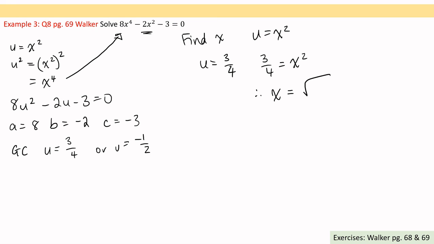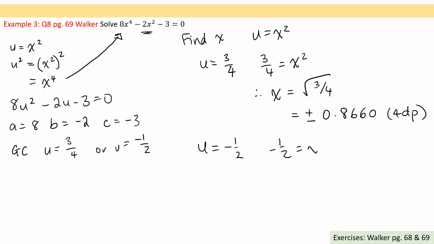Therefore, x is the square root of 3/4, and that will be plus and minus 0.8660 to 4 decimal places. When u is equal to -1/2, we get -1/2 equals x squared. Therefore, x equals the square root of -1/2. We can't square root negatives, therefore there is no solution.